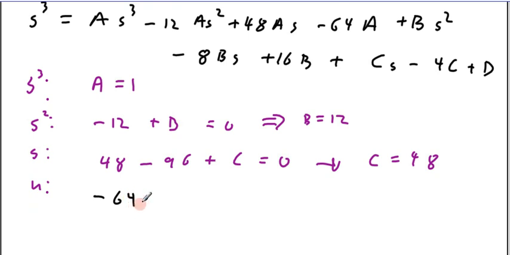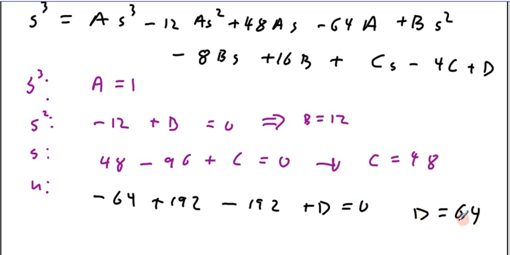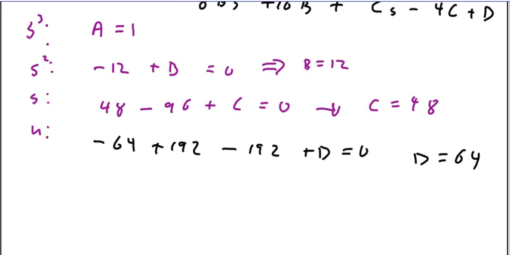64. I have 16b, 16 times 12, 192, minus 48 times 4, 192, plus d has to be 0, so d has to be 64, and isn't that lovely?